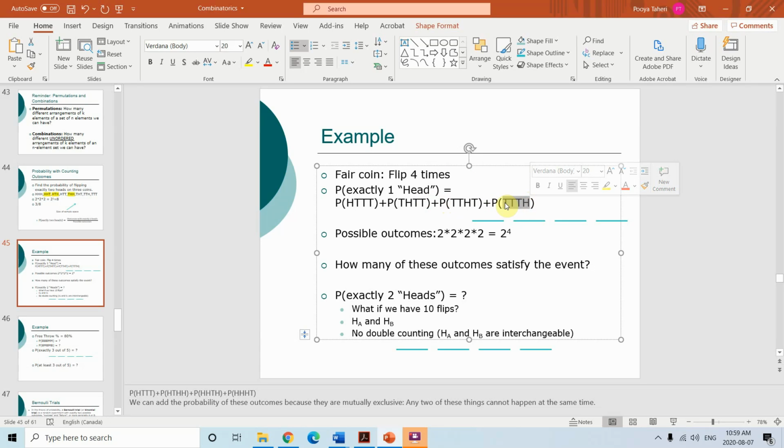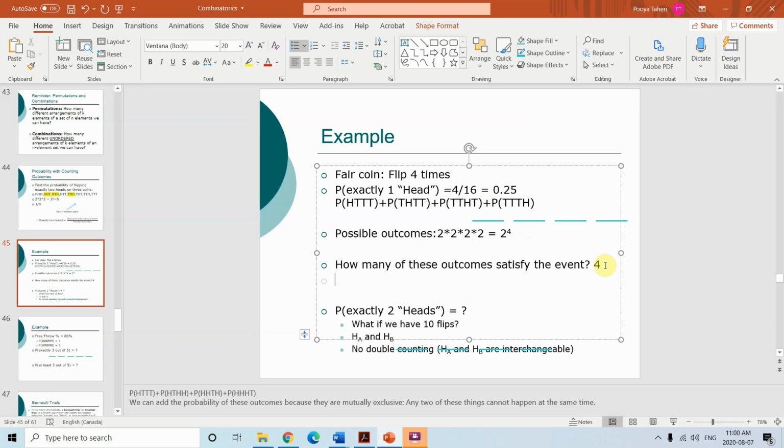So the answer would be just 4 out of these 16 outcomes. Only 4 of them would satisfy this desirable outcome. So the answer for this would be 4 out of 16, or 0.25.